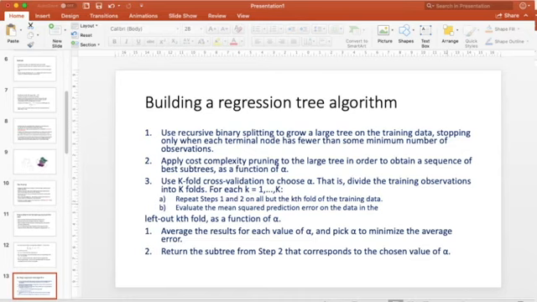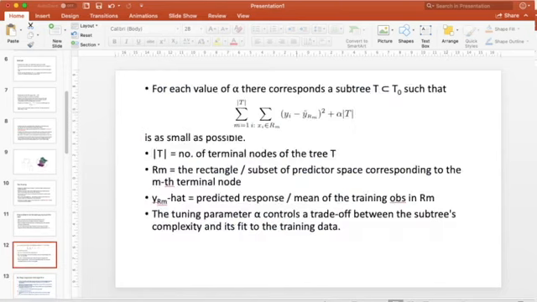Most commonly, the minimum number of observations that we use is n equal to 5. So when at some terminal node you have n equal to 5, you no longer do the splitting. And then we apply cost complexity pruning to the large tree in order to obtain a sequence of the best subtrees as a function of alpha.